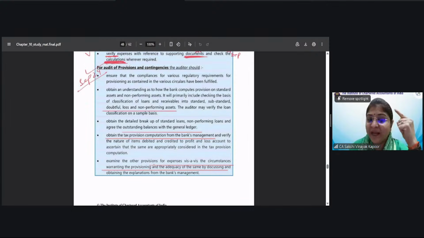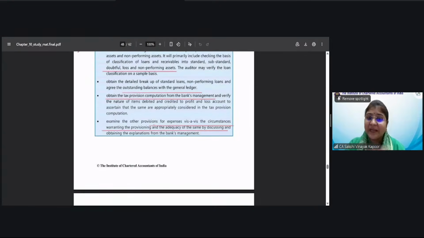Then obtain an understanding as to how the bank computes provision on standard assets and NPA, and whether the classification of loans and receivables is done as per standard, substandard, doubtful, loss, and non-performing. Then obtain detailed breakup of the standard loans, non-performing loans, and outstanding balance with the general ledger of the bank.